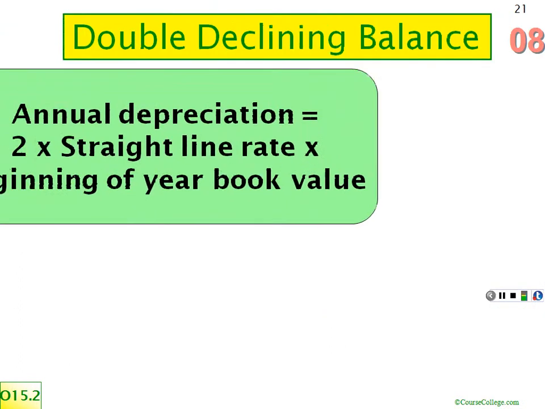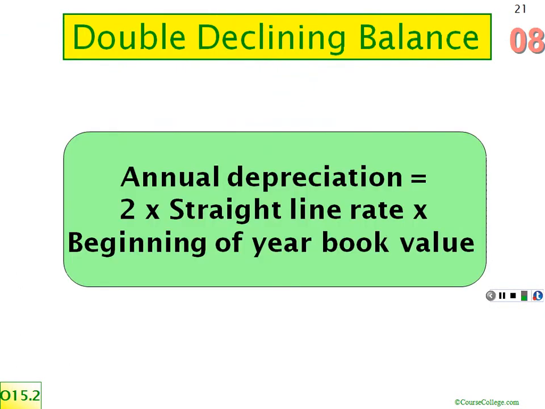The third one in this is difficult because it's different. It's an oddball. It's called the double declining balance method. This particular method was designed to cause you to have lots of depreciation in the early years and less in the later years. In fact, you have the most depreciation the first year, a little less the second, a little less the third. Why would they want to do that?